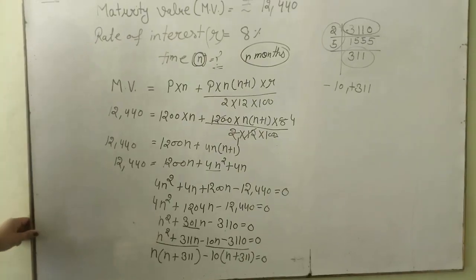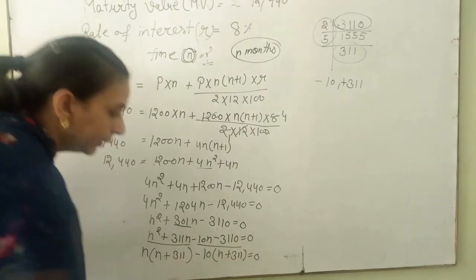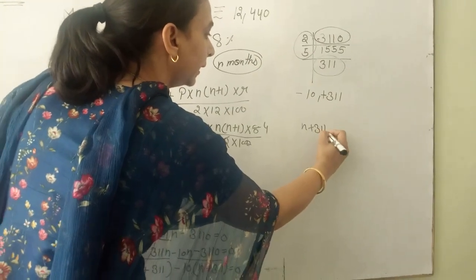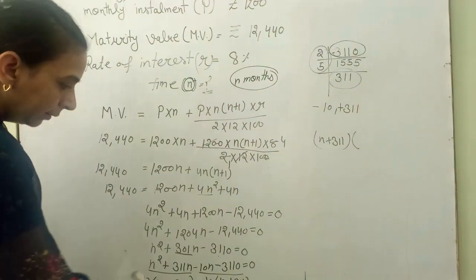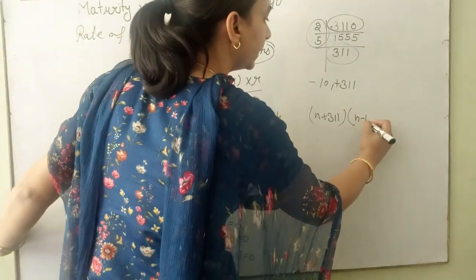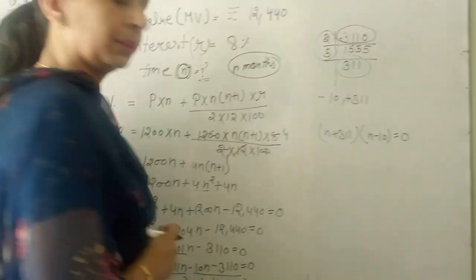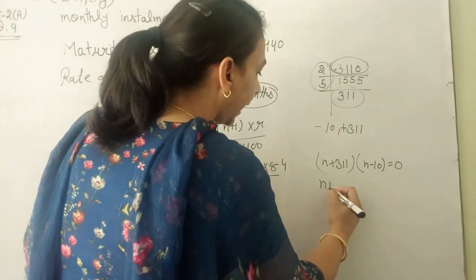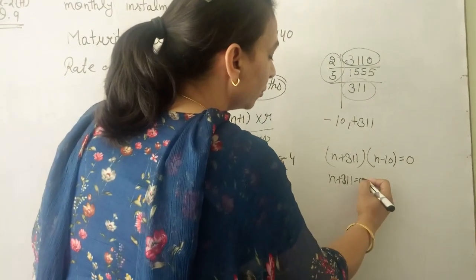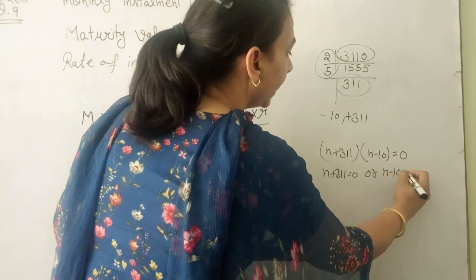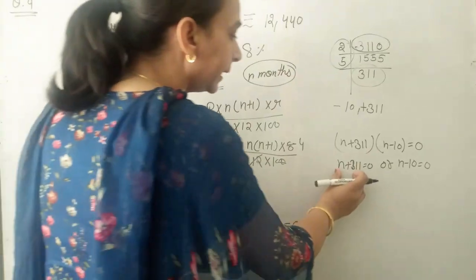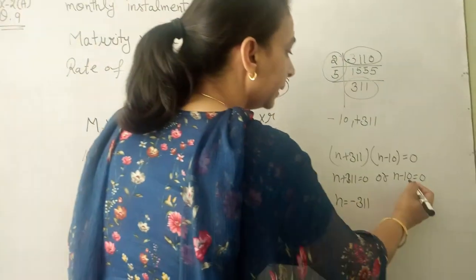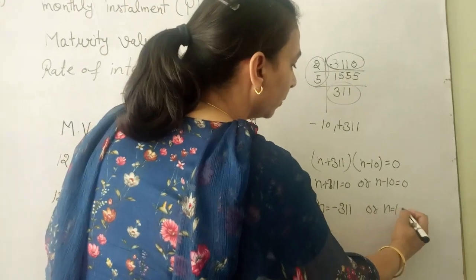Again n plus 311 is common in both the terms, so we take n plus 311 common, then (n minus 10) equal to 0. If the product of two terms equals 0, then either n plus 311 equals 0 or n minus 10 equals 0. If n plus 311 equals 0, then n equals minus 311. If n minus 10 equals 0, then n equals 10.